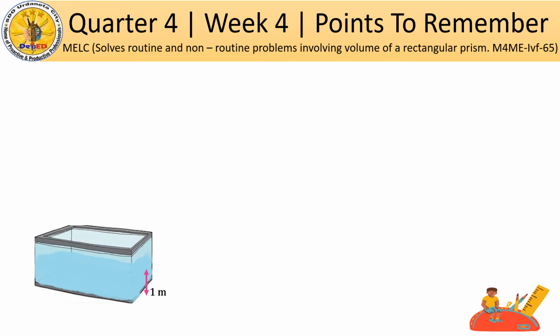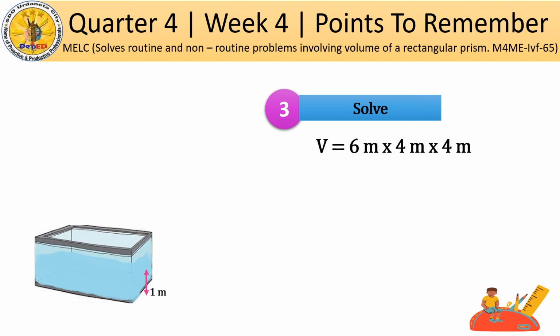Okay, so the third step, let's solve the problem. Using the formula volume equals length times width times height, the volume of the water tank is 6 meters times 4 meters times 4 meters, which is equal to 96 cubic meters. So that is the volume of the water tank.